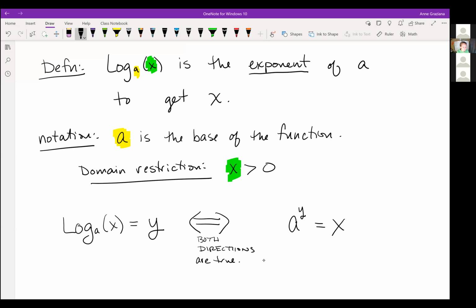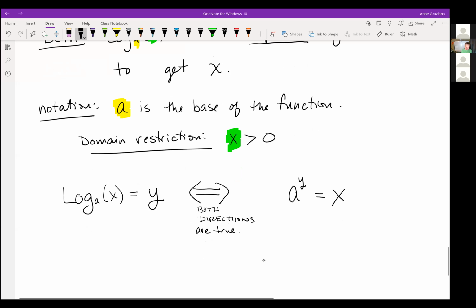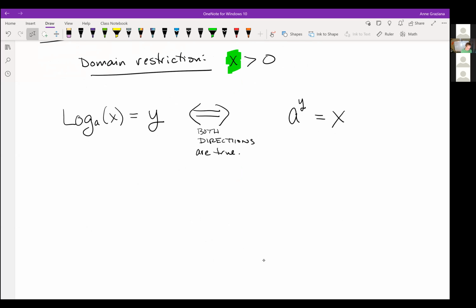So let me show you some examples to illustrate that, because notation stuff is kind of weird. Find log base 3 of 9. So here's the question. What is the exponent that goes on 3 that will give you 9?